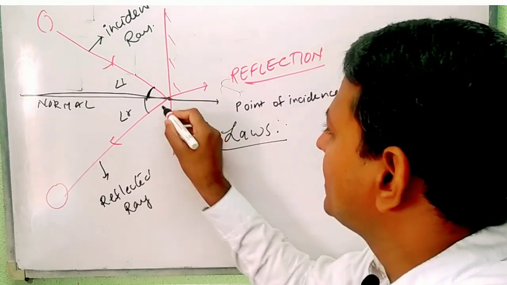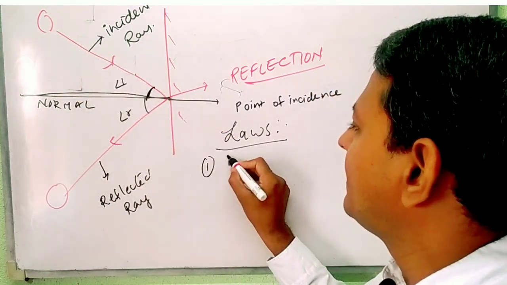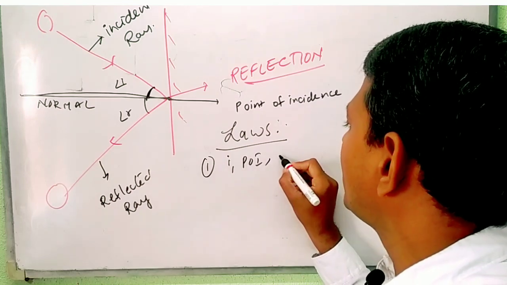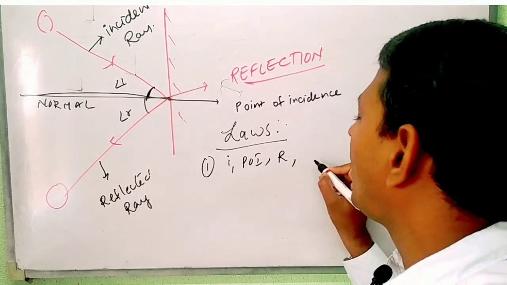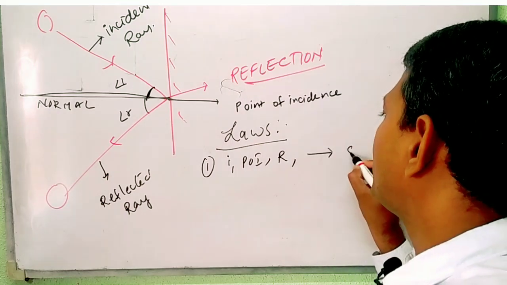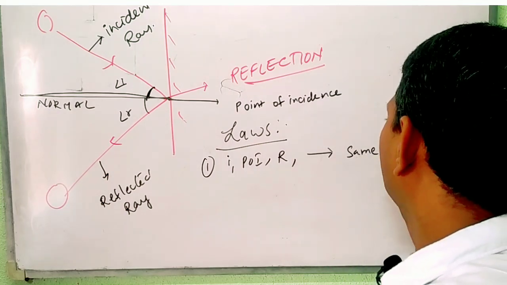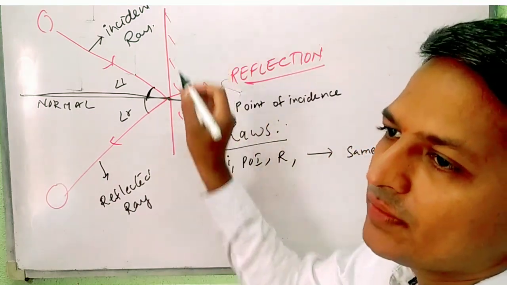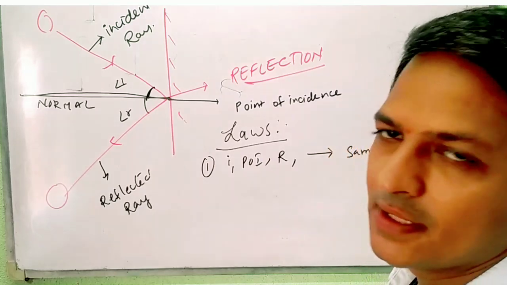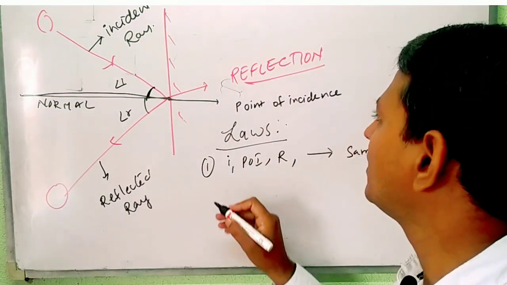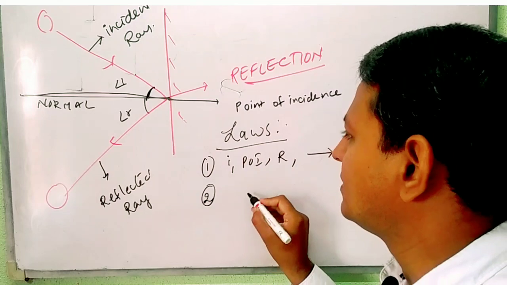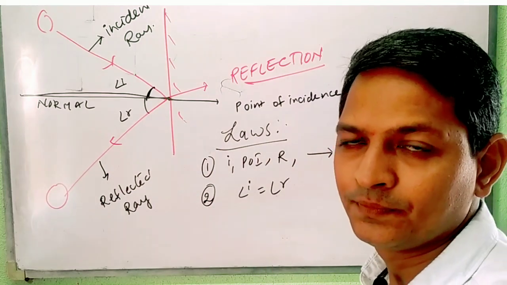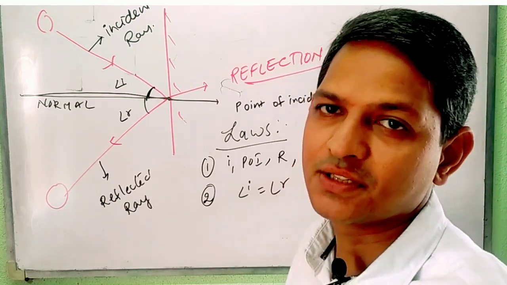The incident ray, the point of incidence, and the reflected ray all lie in the same plane. This is the first law of reflection. The second law of reflection says that the angle of incidence is equal to the angle of reflection.